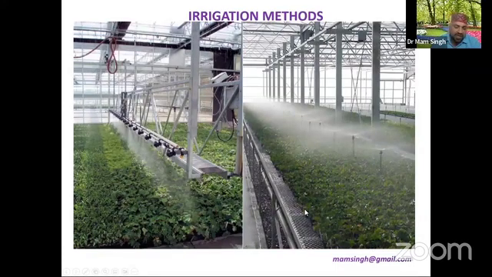So this is again one aspect: how does irrigation take place? In the greenhouses, even if we make a small, low-cost greenhouse, there is the boom irrigation system where sprinklers are set, you can see the nozzles, to sprinkle down the water.